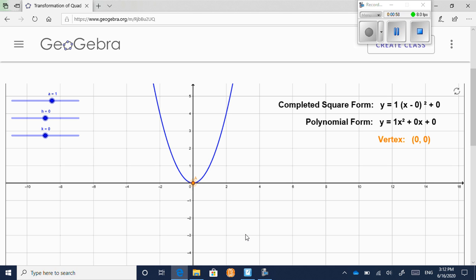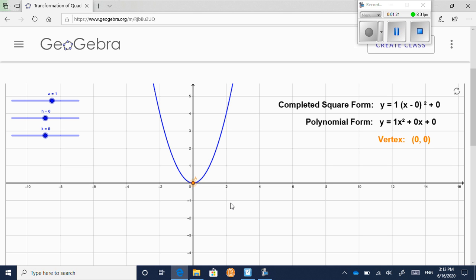Essentially, it has a vertex at 0, 0, and then it has a point at 1, 1, a point at 2, 4, and a point at -1, 1, and -2, 4. So this is the bread and butter parabola.